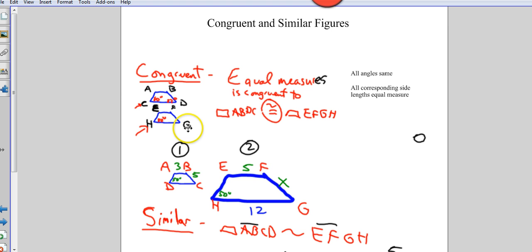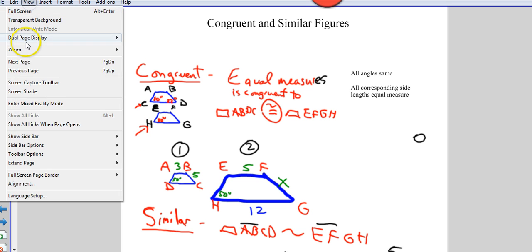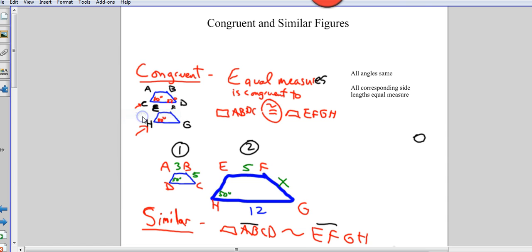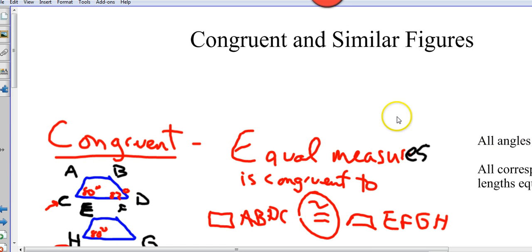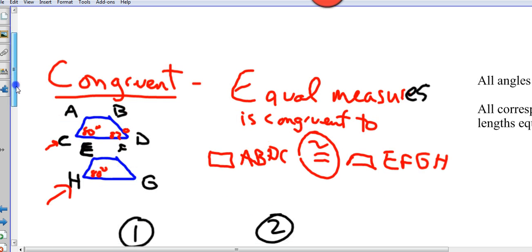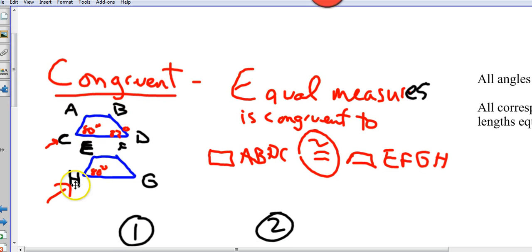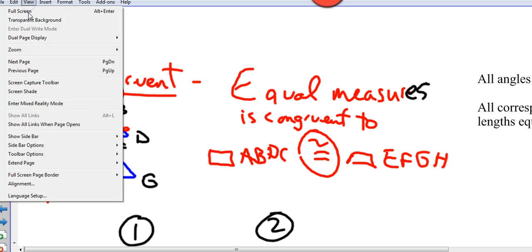Angle G is congruent to angle D, and angle H corresponds with C, so those two are congruent angles. We see that angle C is 80 degrees and angle H also is 80 degrees. If angle D is 82, that also tells me that angle G is 82 degrees as well. All the corresponding angles should be the same.